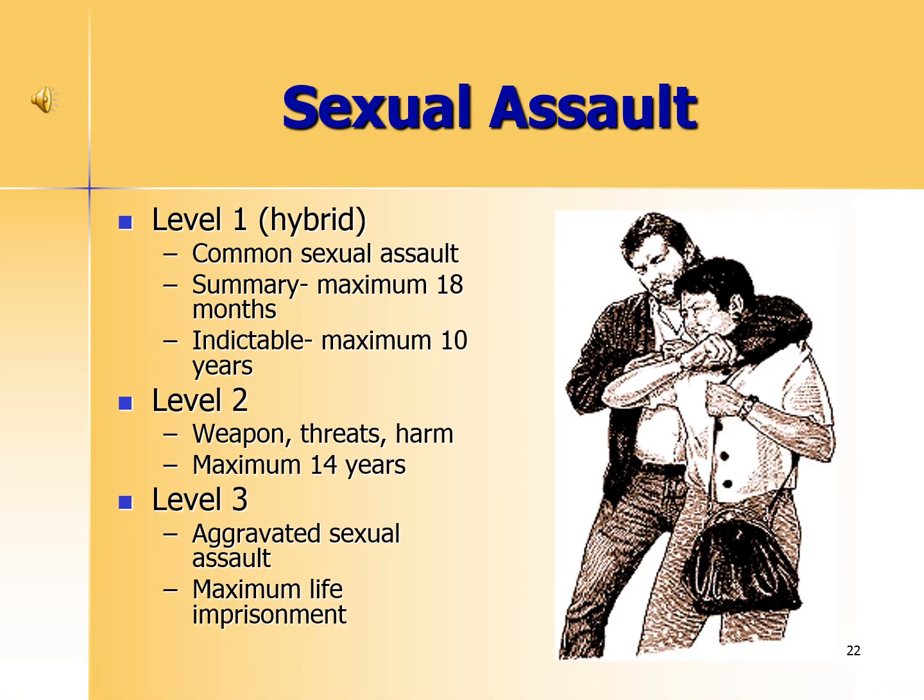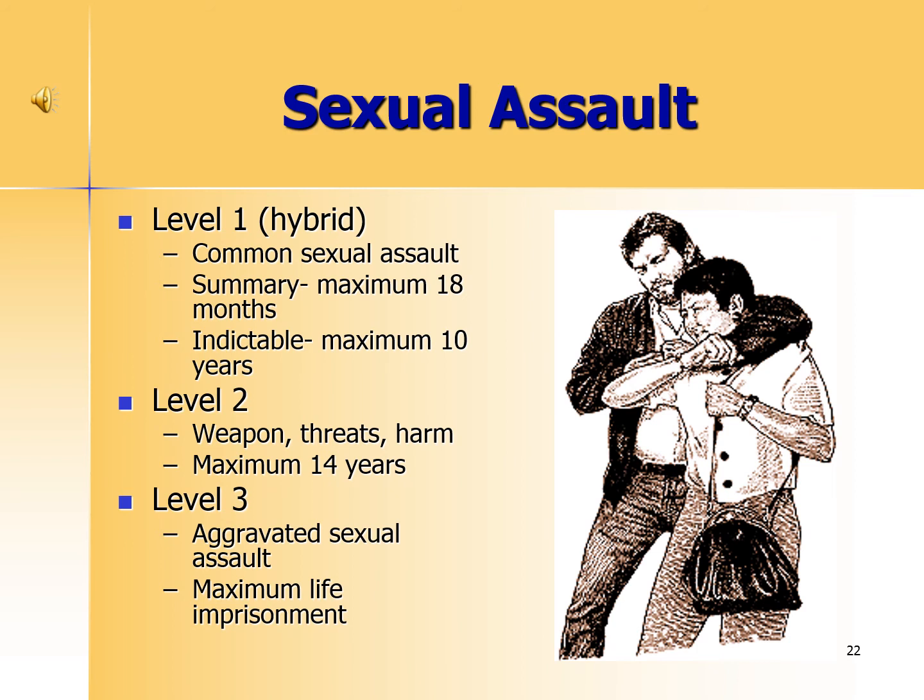So one example of a hybrid offense is sexual assault. As we talked about earlier, the criminal code now has three different levels of sexual assault, similar to homicide, in the sense that these levels are categorized based on the severity of the actual assault. So the first level of assault is what's known as common sexual assault.